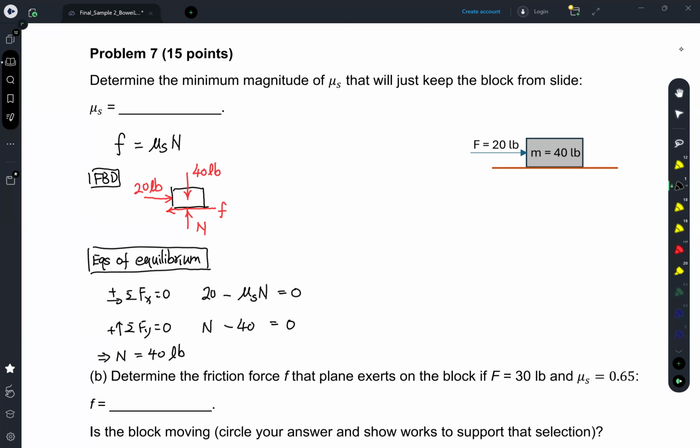And by the first equation, we have mu s equals 0.5, right? So that means we have to have at least mu s equals 0.5 to just keep the block from sliding. If mu s is smaller than this value by a little bit, the block will start to move.